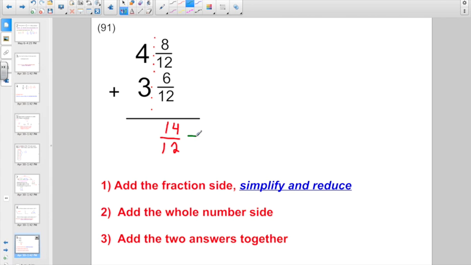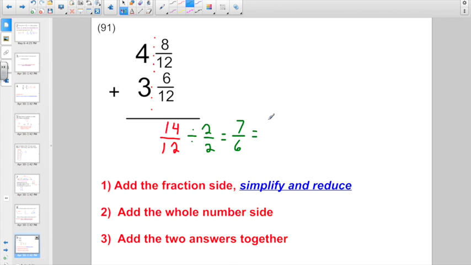Well, 14 twelfths, I think I could divide both sides by 2 to get it reduced. If I reduced 14 twelfths by dividing both sides by 2, I would end up with 7/6. But I'm still not out of the woods yet because 7/6 is an improper fraction. So let's go ahead and change it into a mixed number.